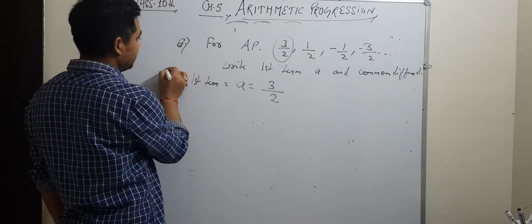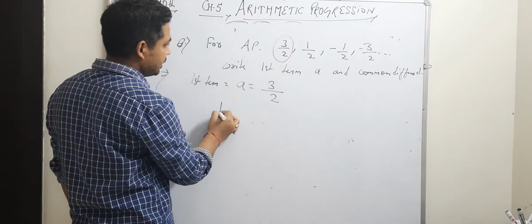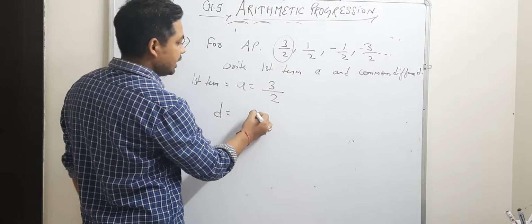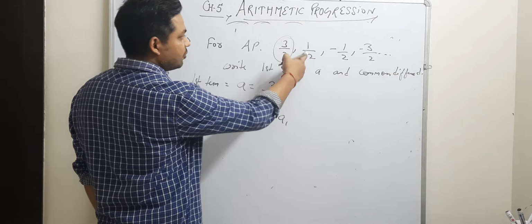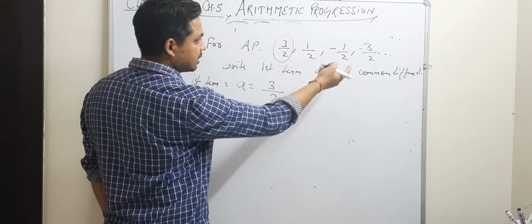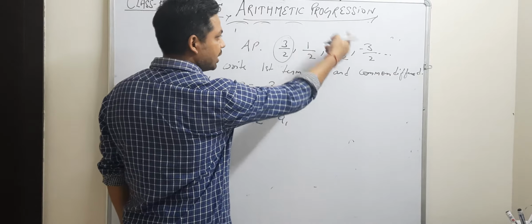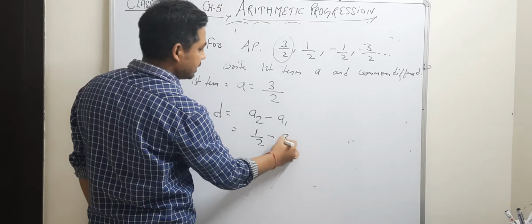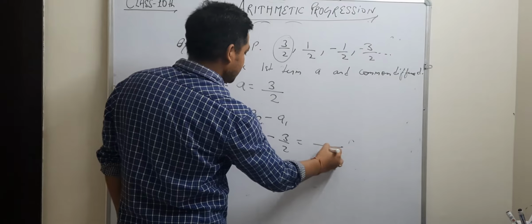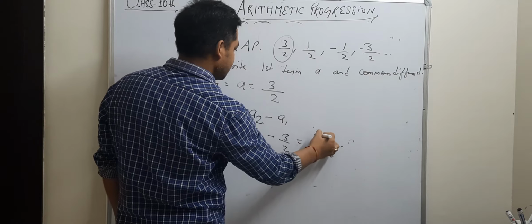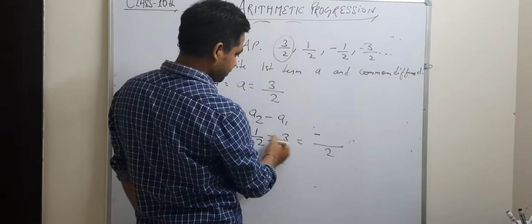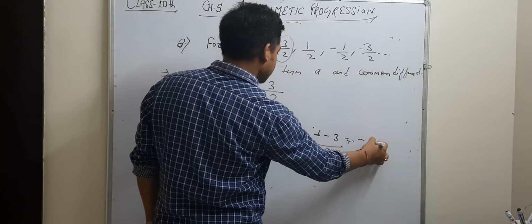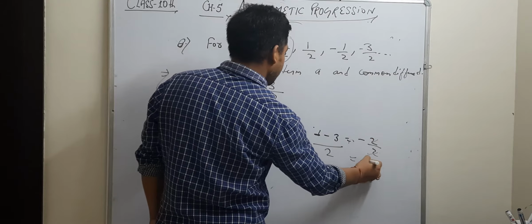This is the solution. Okay, and for D, how to calculate the common difference? It is A2 minus A1. If we subtract the first term from the next term, you can get D. So it will be 1 by 2 minus 3 by 2. So it will be 2, 1 minus 3, that will be minus 2 by 2, that is minus 1.